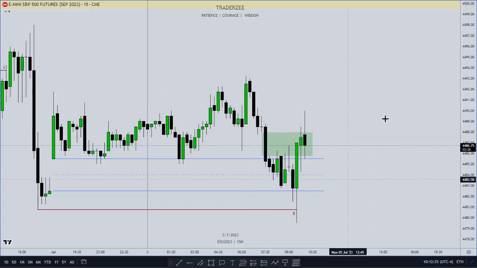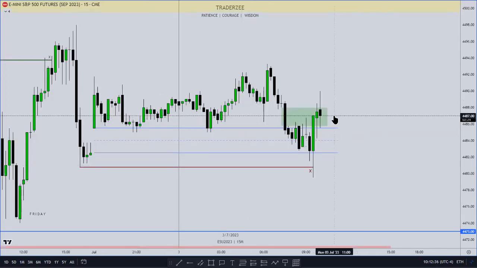That's even better for bearishness. That means it's going to be much more speedy. I think Nasdaq has a better purpose for going lower than ES.